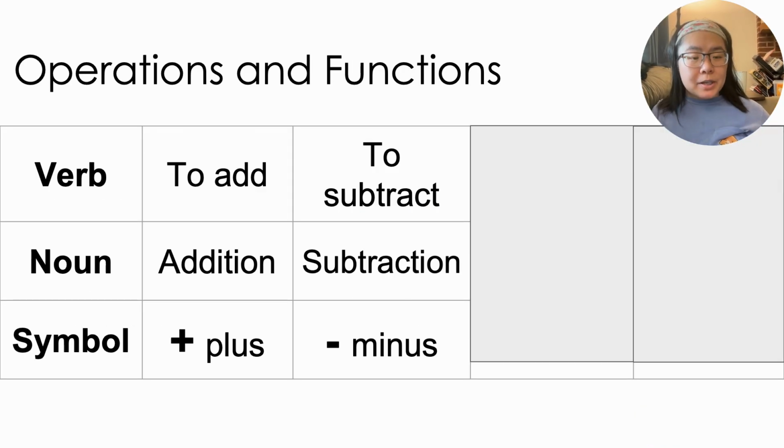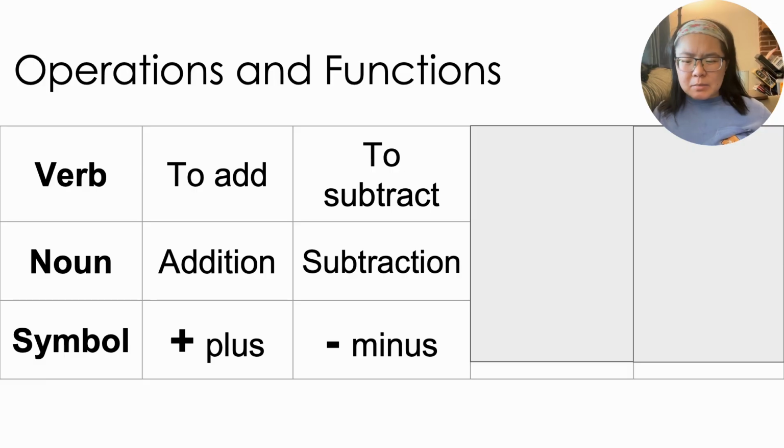Now, the operations and functions for basic math. For arithmetic, we talked about addition. Today we will talk about subtraction. The verb is to subtract. It is another regular verb: subtracting, subtracted, etc. Noun is subtraction, and the symbol is minus.